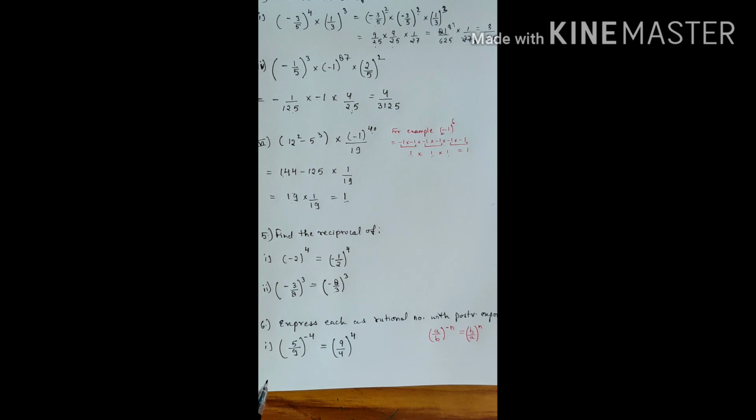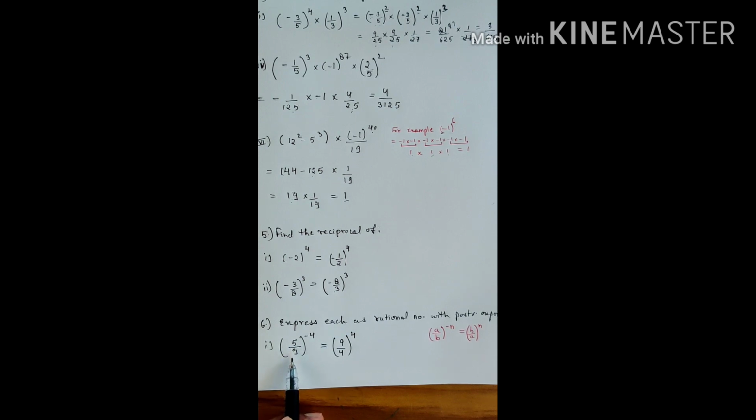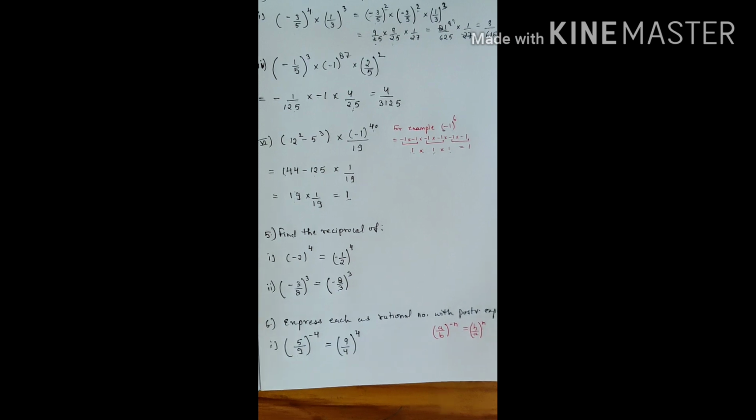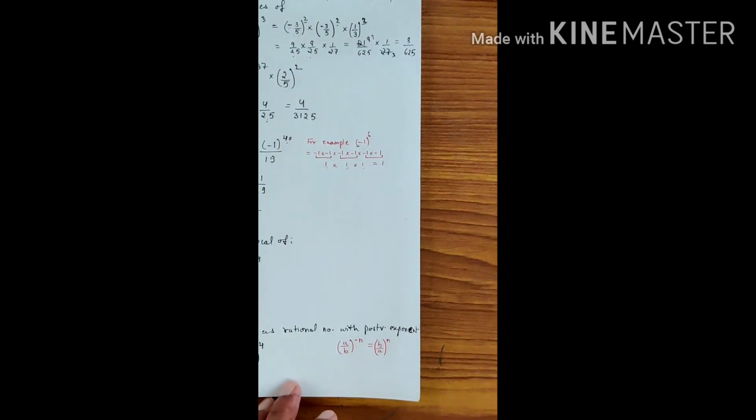Coming on to your question number 6 now, it says express each as a rational number with positive exponent. So we have to show the rational number with a positive power. Alright, so here as you can see it is written 5 by 9 and it is having a power of minus 4. So see what happens whenever you have a negative power.